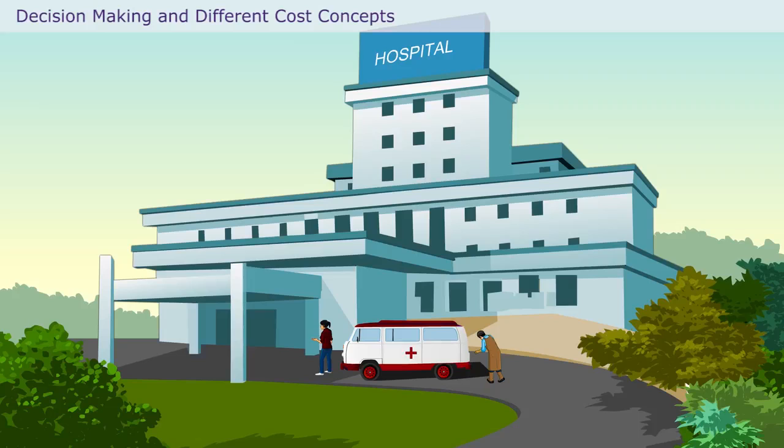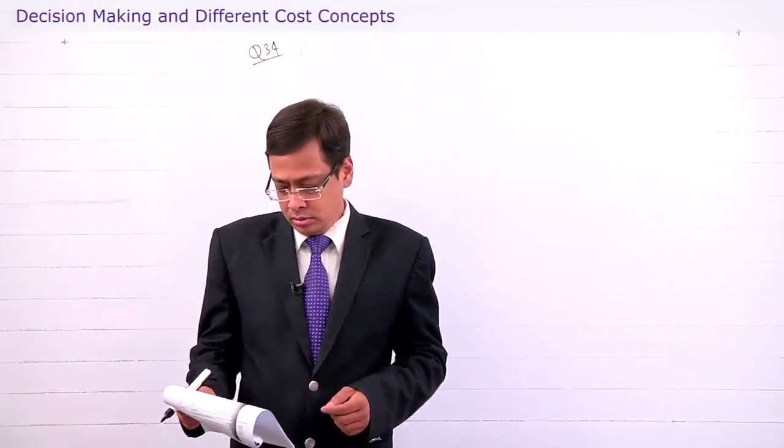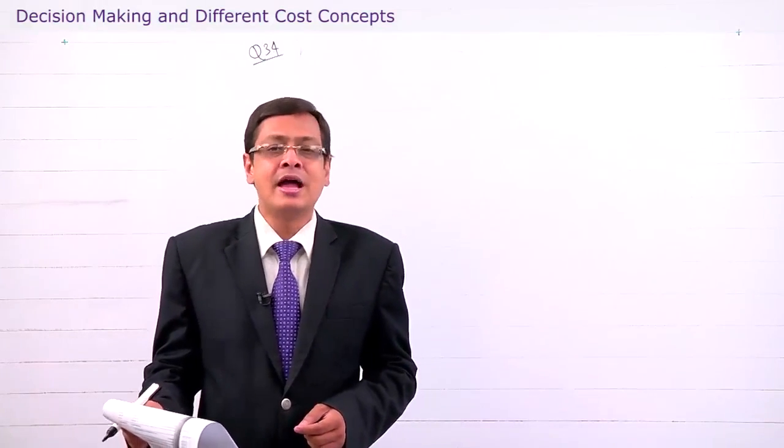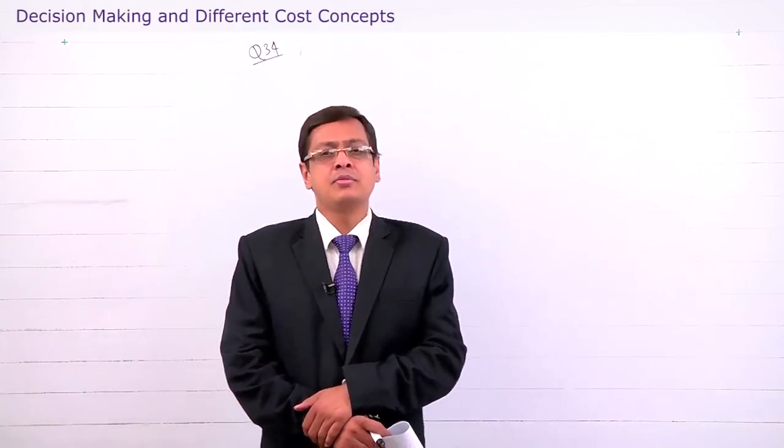A multinational company has a hospital. It has 3 wards: general ward, cottage ward and deluxe ward. You are required to compute the rent to be charged for each bed day for different types of wards on the basis of certain information.